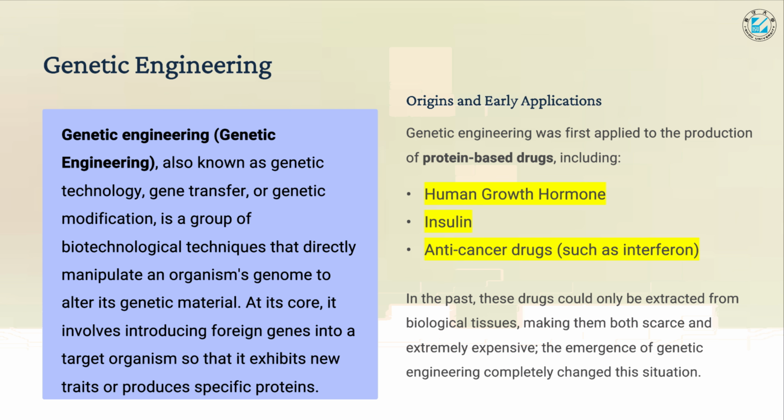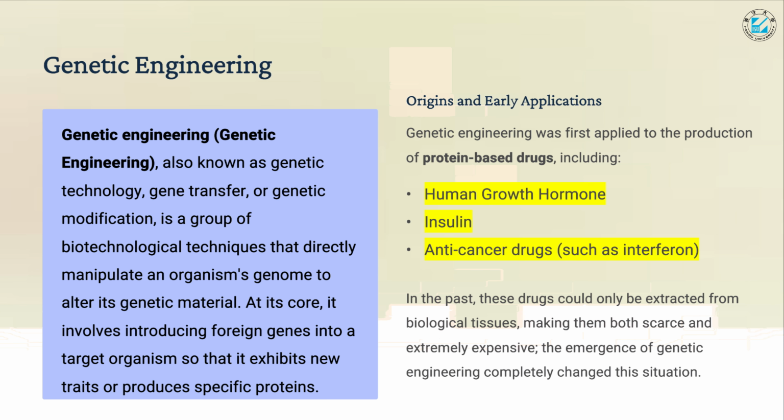One of the earliest and most important applications of genetic engineering was the production of protein-based drugs. Before genetic engineering, many therapeutic proteins had been extracted from human or animal tissue. This made them scarce, expensive, and sometimes unsafe. Examples include human growth hormone, insulin, and interferon.